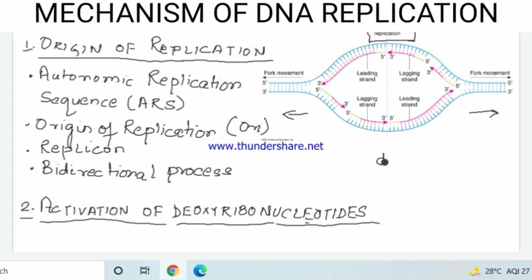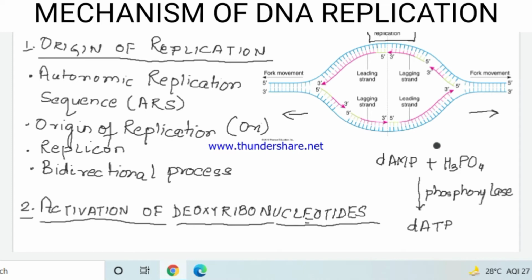Say the deoxyadenosine monophosphate reacts with phosphoric acid, and with the help of the enzyme phosphorylase, it is changed to deoxyadenosine triphosphate.